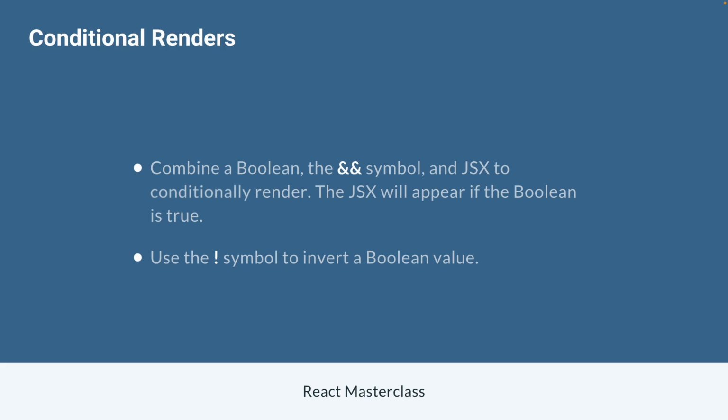So it doesn't make sense for this Boolean to be a hard-coded true or false. Rather, what you're typically going to see is that Boolean is going to be subject to variance. So for example, that Boolean may come from a state property that is going to change over time. And of course, as it changes, that will determine whether or not that JSX will render on screen.